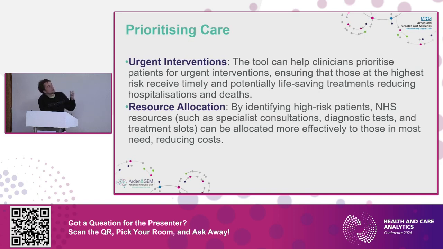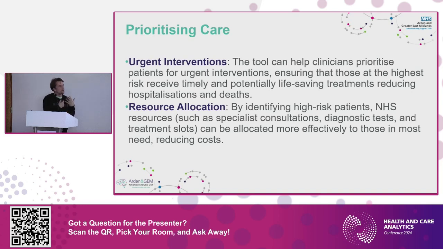But some of the key things that you can do: it is a stratification tool, so it allows you to prioritize certain patients that are at high risk of dying in the next 12 months, for instance. So you can allocate resources to those people, and intervene in such a way that you reduce A&E attendances, start treatments in a more timely manner, and maybe start conversations between patients and their families to plan for the eventuality.